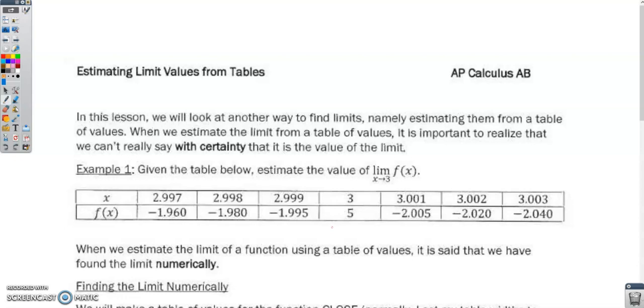Probably the most important thing I can say today is that when we estimate the limit from a table of values, we need to realize that we can't really say with absolute certainty that it's the value of the limit.